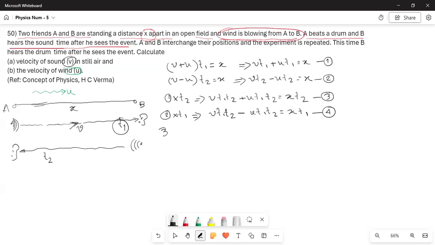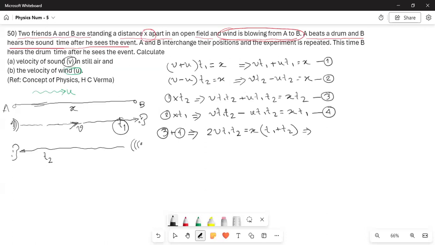Then if we just sum up equation 3 and equation 4, we find 2VT1T2 is equal to x into (T1 plus T2).